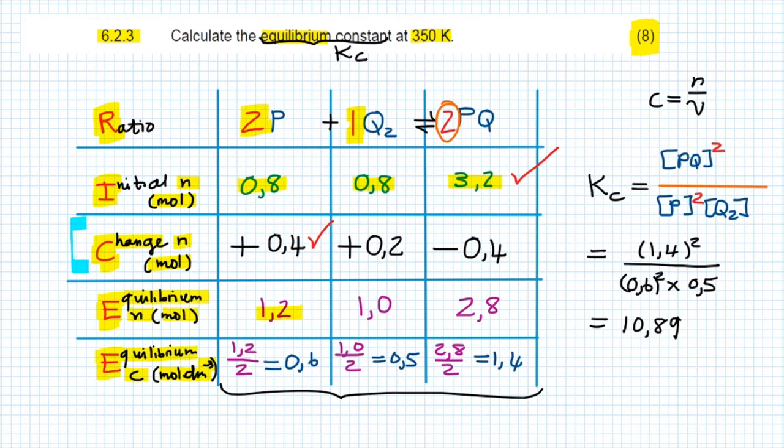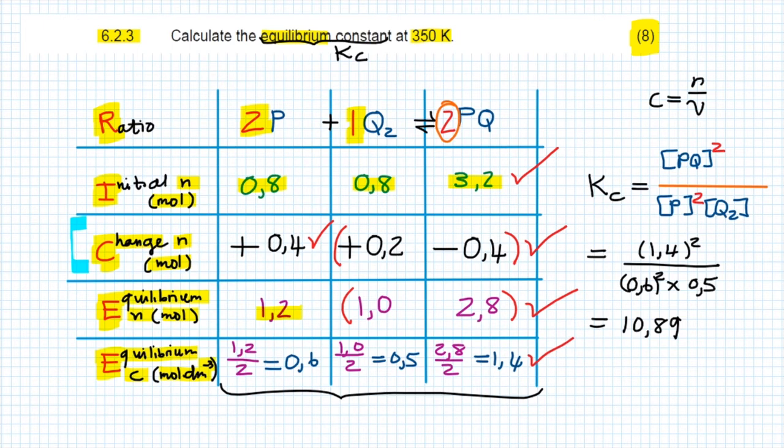You're going to be awarded the 3rd mark for determining the change in the other compounds using the mole ratio, so that is your 3rd mark. Then you're going to get a mark for determining the number of mole of Q2 and PQ at equilibrium. Then you get a mark for working out the concentrations of all of these reactants and the product. They all need to be correct.